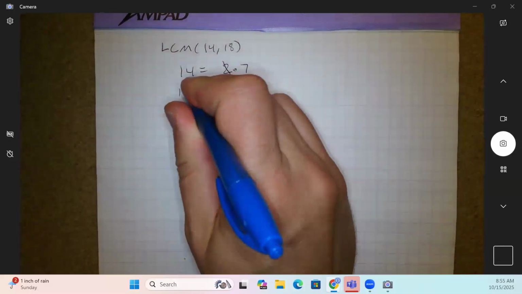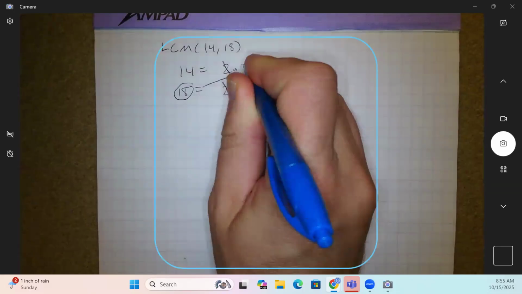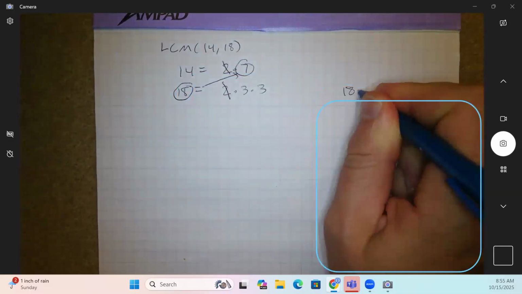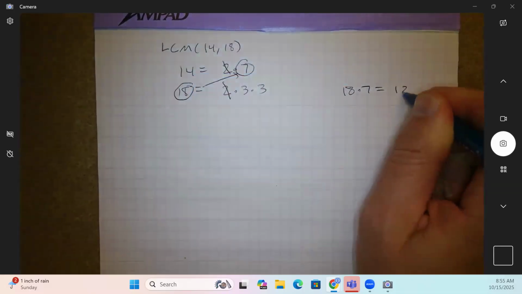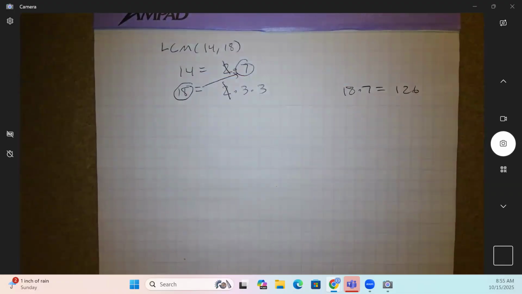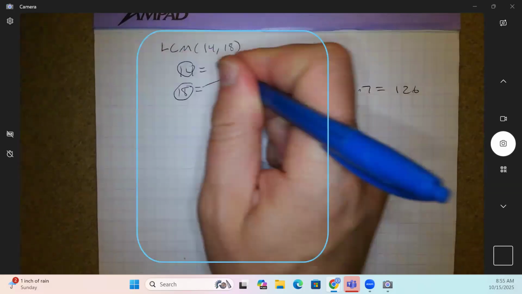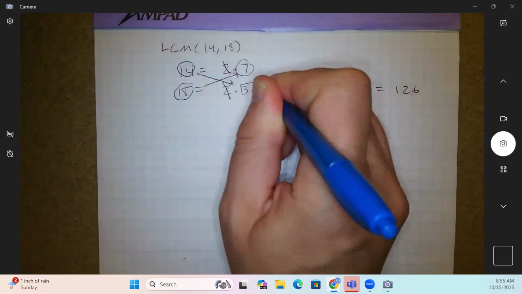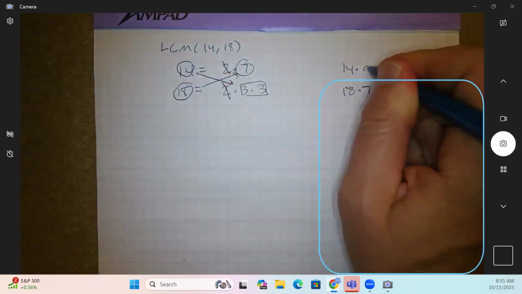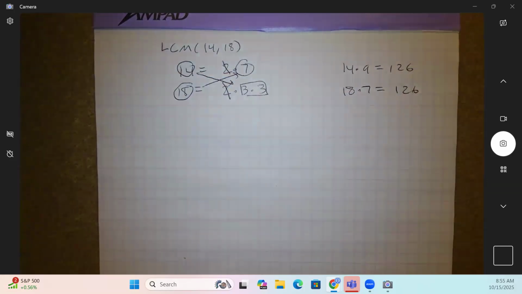And then I take this number and I multiply it by that number. 18 times 7 is 126. And I take 14 and I multiply it by the 3 times 3. 14 times 9, also 126.